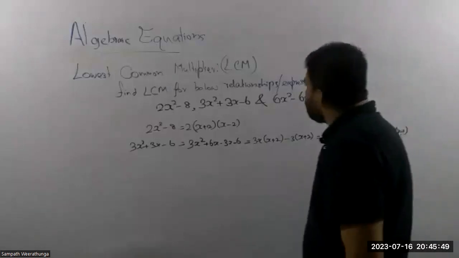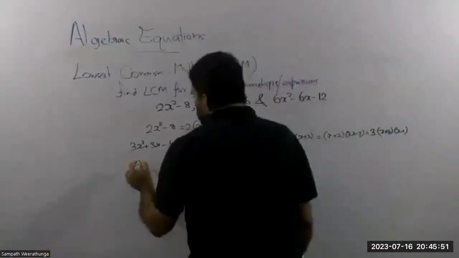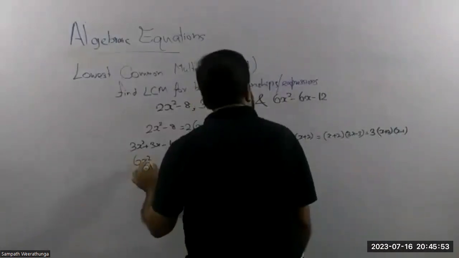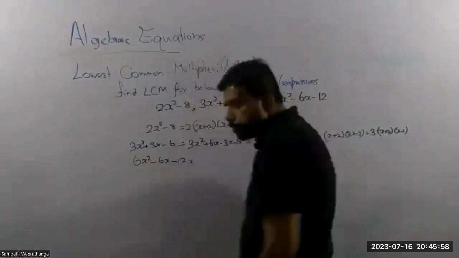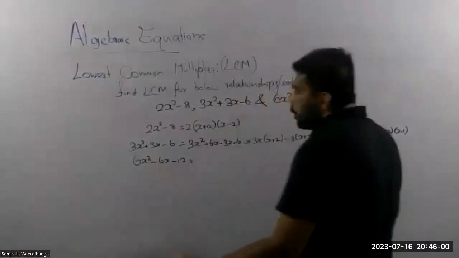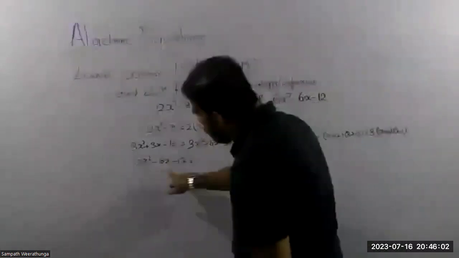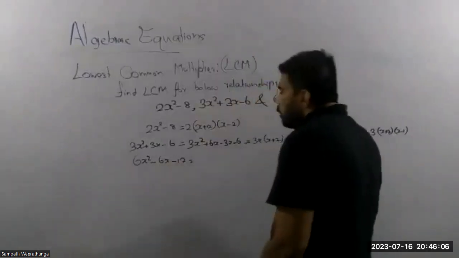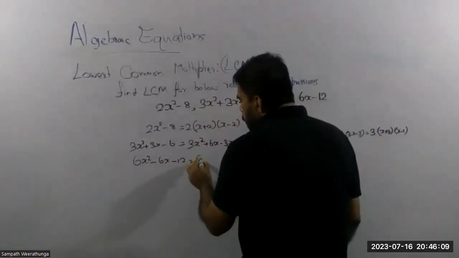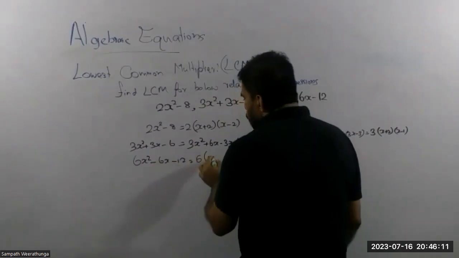Right. Then 6x squared plus 6x minus 12. So answer is minus. Right. Again here either you can take 6 out, 6 is common to all, or else you can factorize. So this time I'll take 6 out, right? Then it is x squared plus x minus 2.